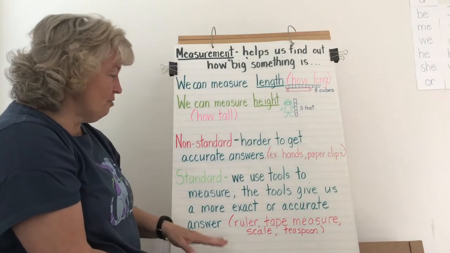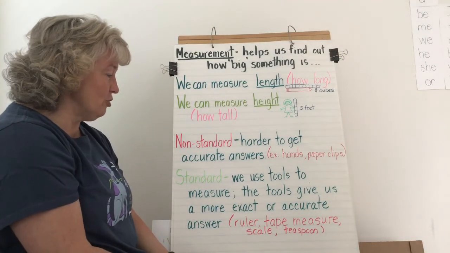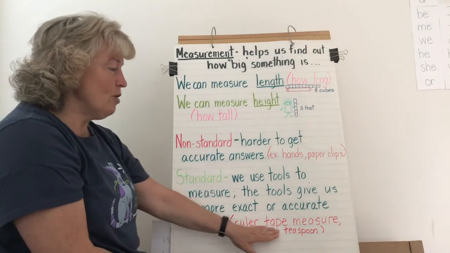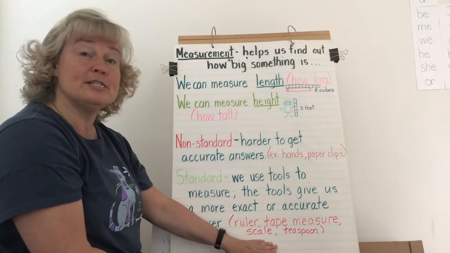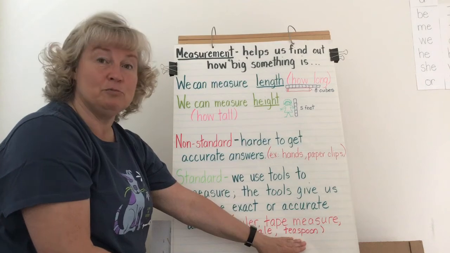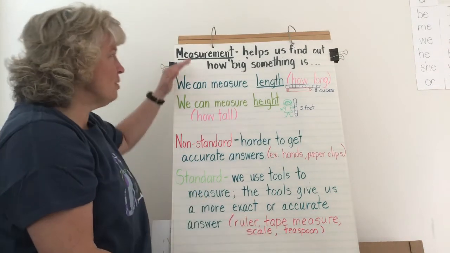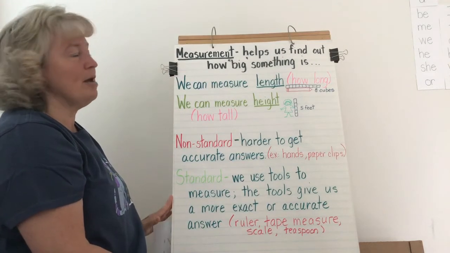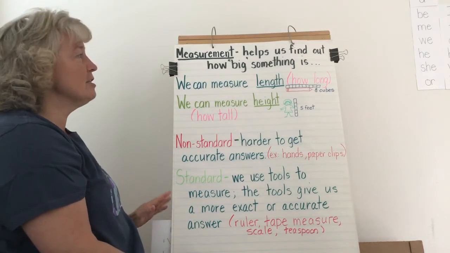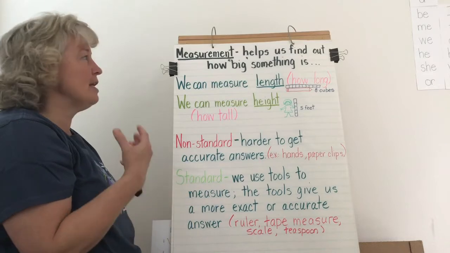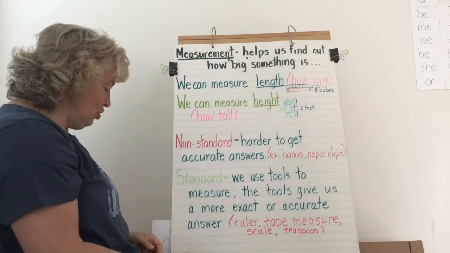Okay? So some other things that we can measure with standard measurement, we could use our ruler, we could use a tape measure, we could use a scale, we could use a teaspoon for ingredients when we're baking. All right, so I just wanted to give you a little overview of measurement today and how it helps us decide how big something is or how much of something we need to use.